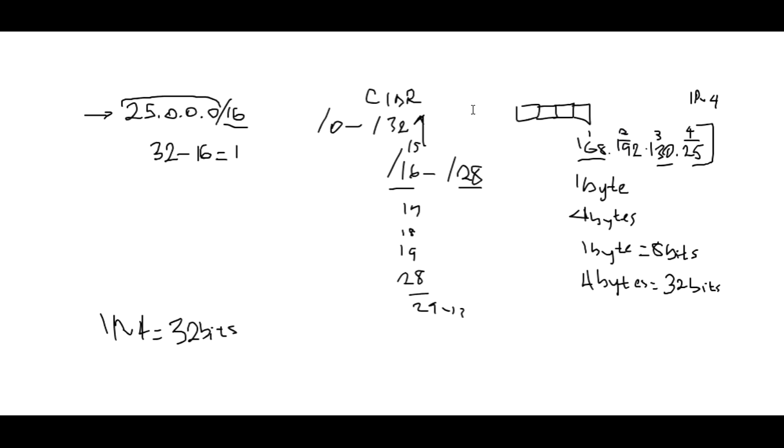Now 2 to the power of 16 will give you 65,536. Again, on the AWS platform, only 65,531 is available for you. Where are the remaining 5? They have been reserved.